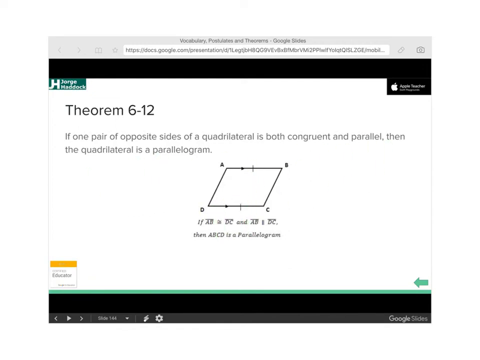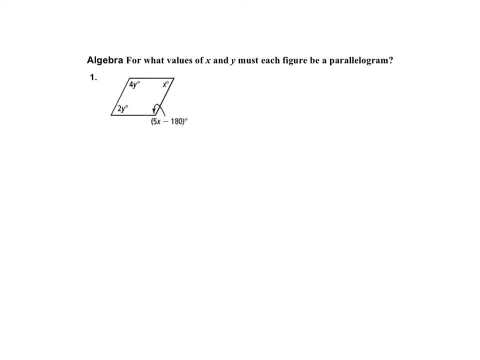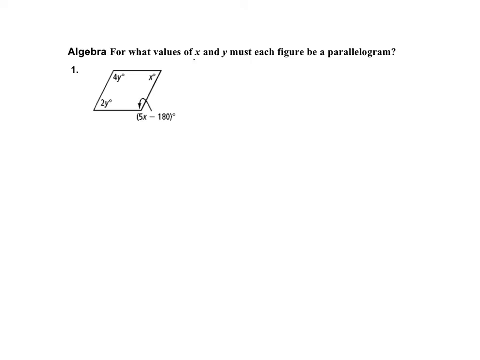So let's see an exercise. For what values of x and y must each figure be a parallelogram? Following the properties, I'm going to start working with each x and each y variable by itself.